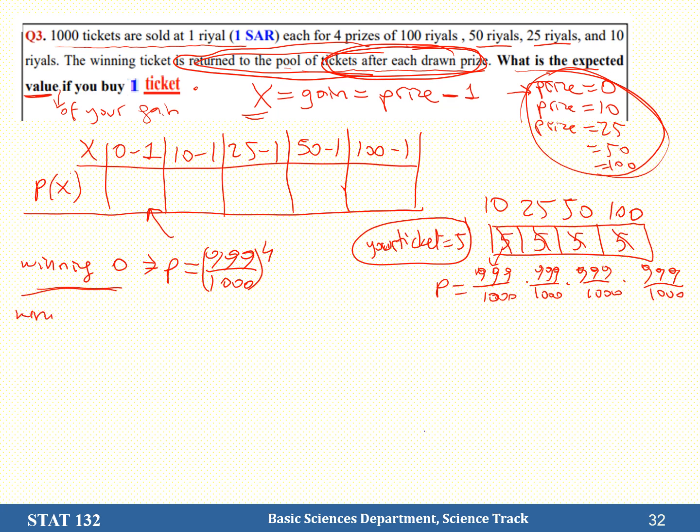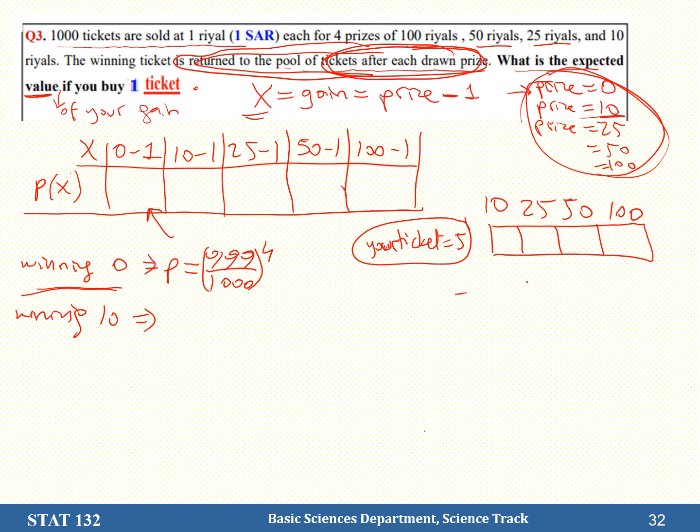Now, winning 10, prize 10. Okay, how can it happen? Let's say again, your ticket is 5 here. How can we get 10 here? It means we get 5 here, and the other part is not important for us, because when we get the ticket and win, we get 10 real and go, and for the others we cannot use the same ticket.